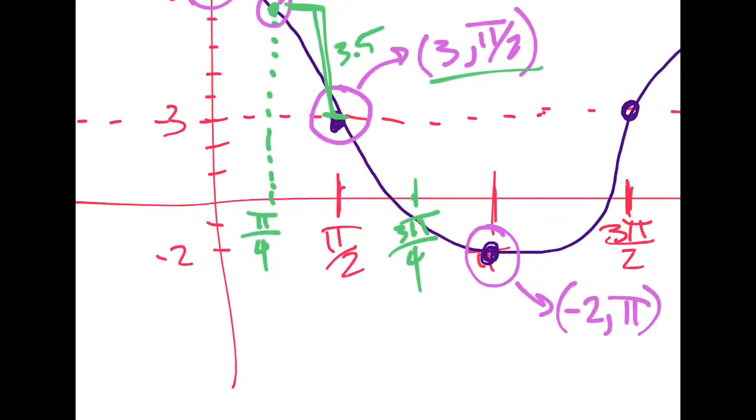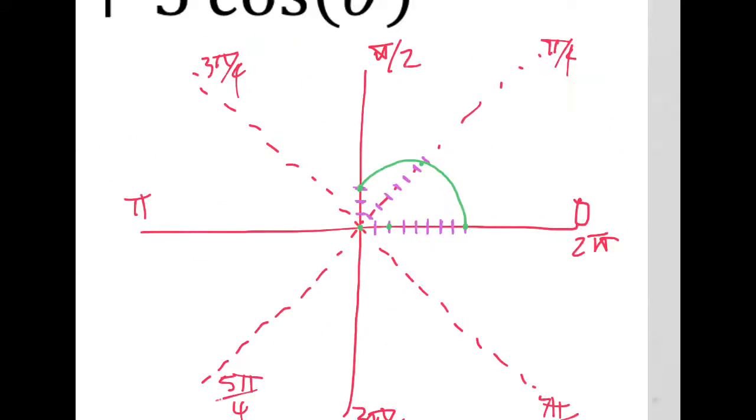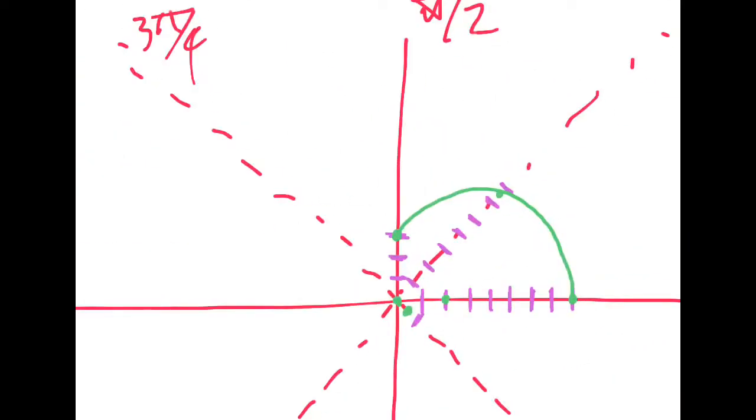Similarly, if I want to go from that midpoint down to where this is, I need to go down 3.5. So 3 minus 3.5 gives me roughly -0.5. At this angle of 3 pi over 4, I'm down at a value of -0.5, which means if I put tick marks here, -0.5 is about there. This graph has to go smoothly from this point down to that point.